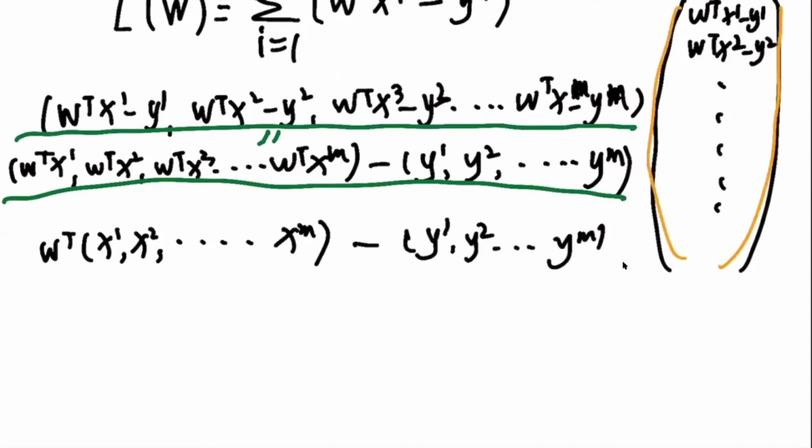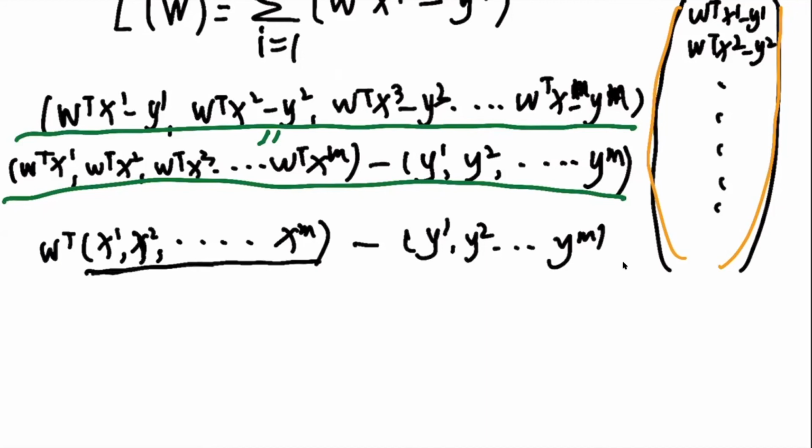This is a row vector, but actually it represents the whole feature space, right? Every feature of every data point is here.